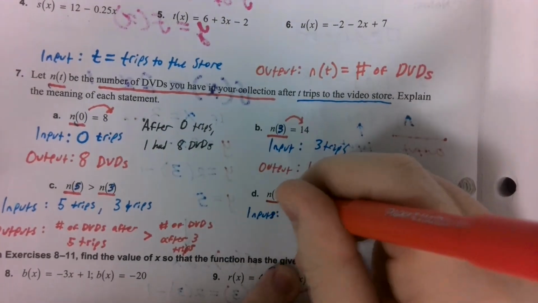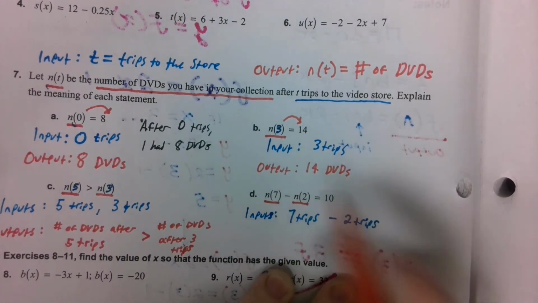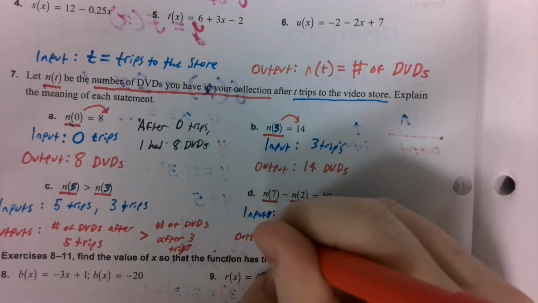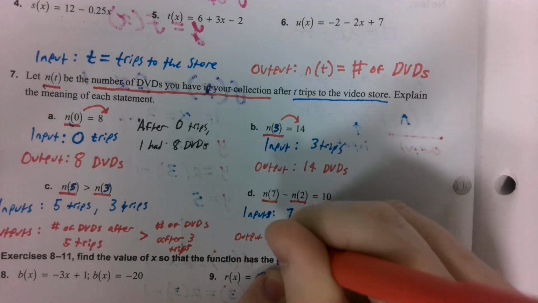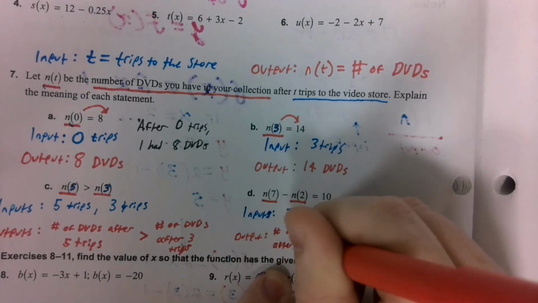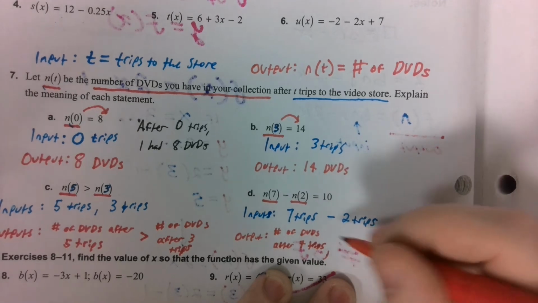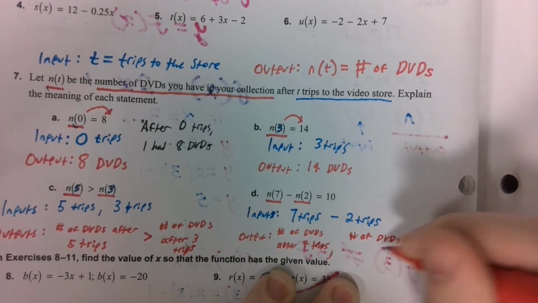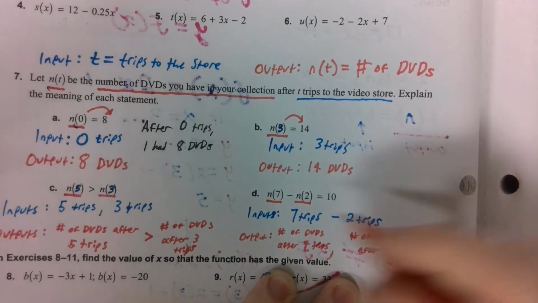Our outputs here are the number of DVDs after 7 trips, the number of DVDs after 2 trips. So, number of DVDs after 7 trips is one part. The number of DVDs after 2 trips is the next part.